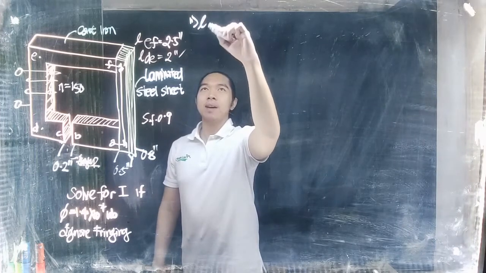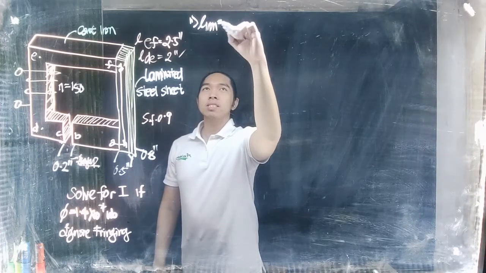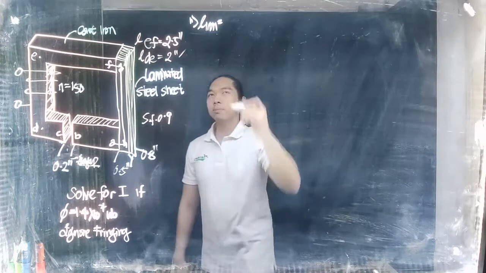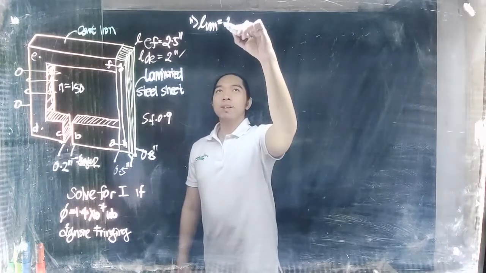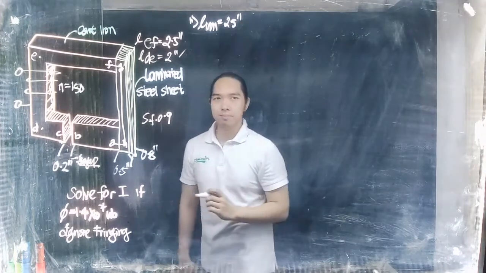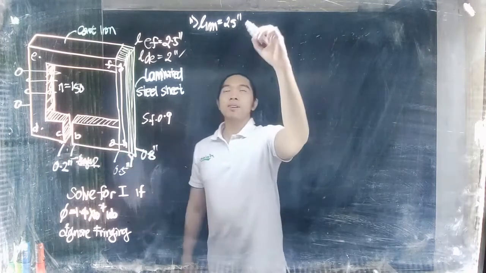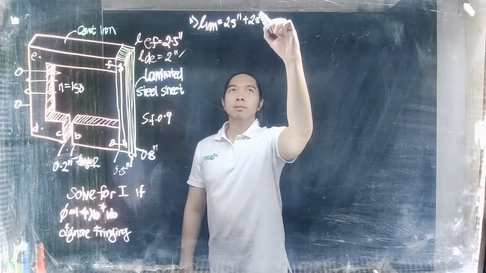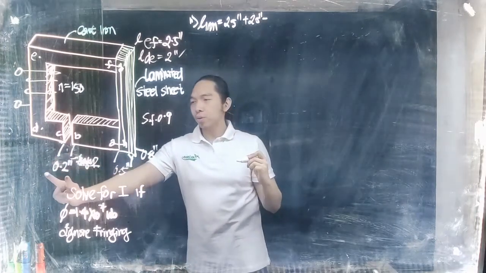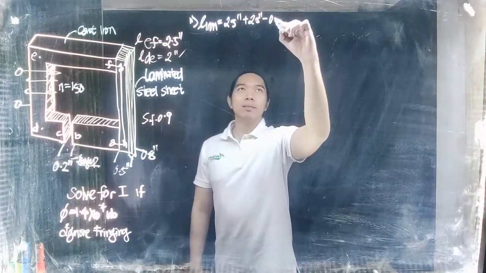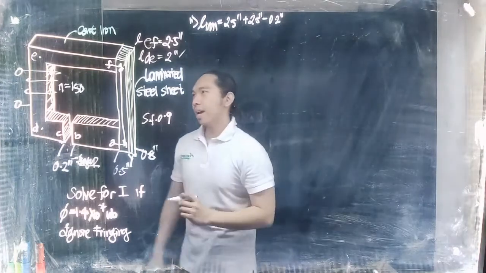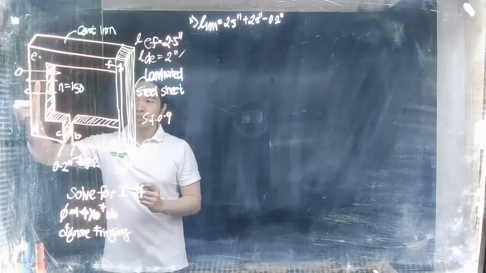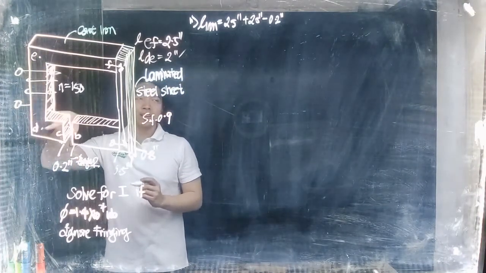So the length of iron is equal to EF, which is 2.5 inches. This one is also 2.5, but we need to subtract the 0.2 air gap. And then ED is also a channel of the iron, so we consider it as well.